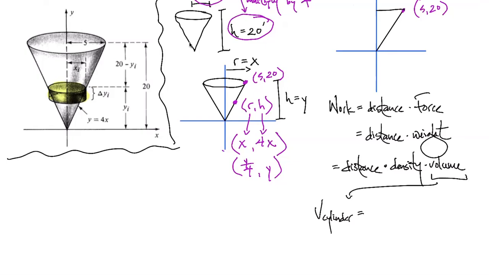Yeah, pi r squared h. So we've got pi r squared and the height of the cylinder, okay? So instead of height, I'm gonna write thickness because what I'm referring to is how thick this little yellow slice is, okay?